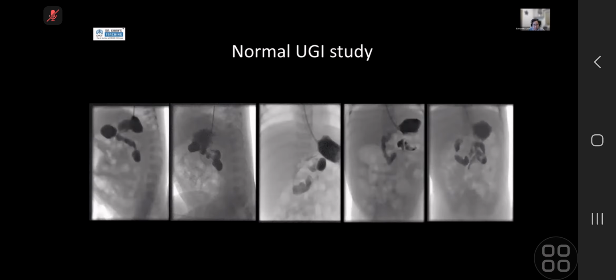These are examples of a normal upper GI contrast study. Look how nicely on the lateral views it goes posteriorly into a retroperitoneal position, up and anteriorly, and then on all the supine views you've got contrast going across the spine to the left, up to the level of your pylorus.